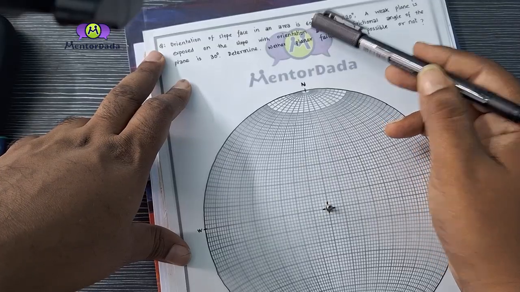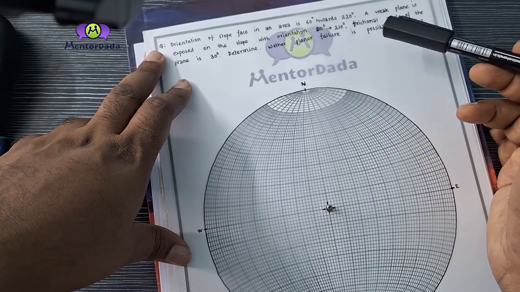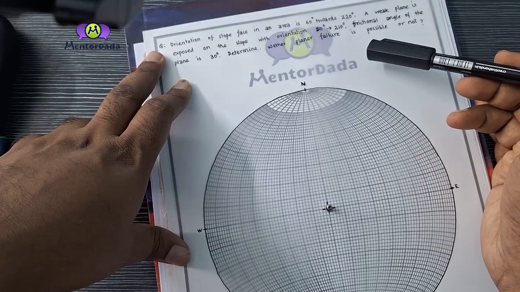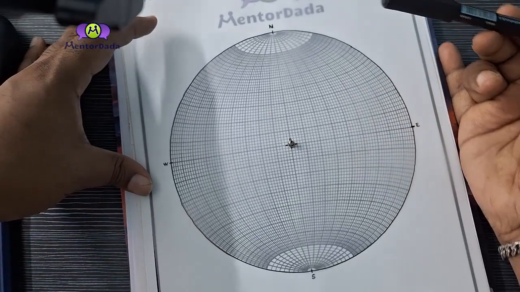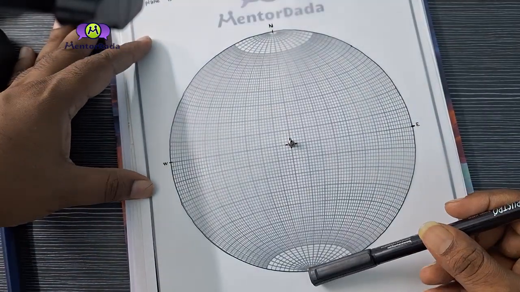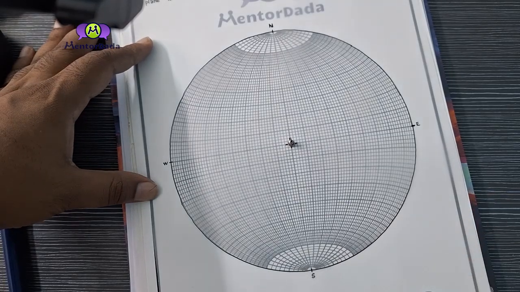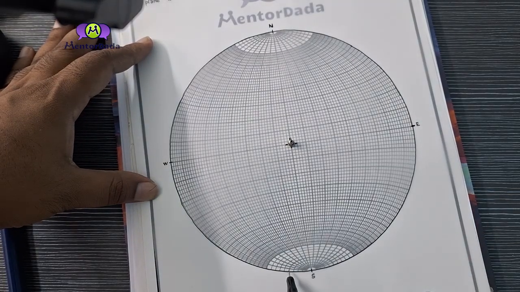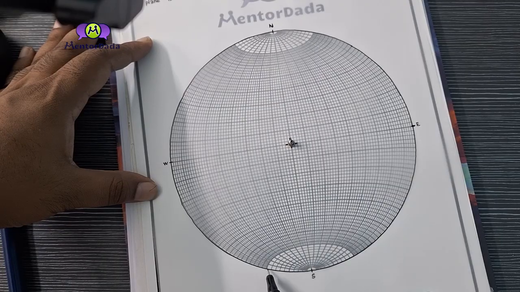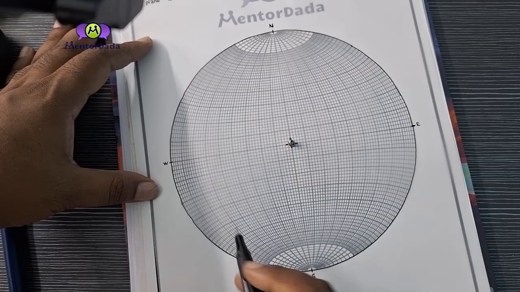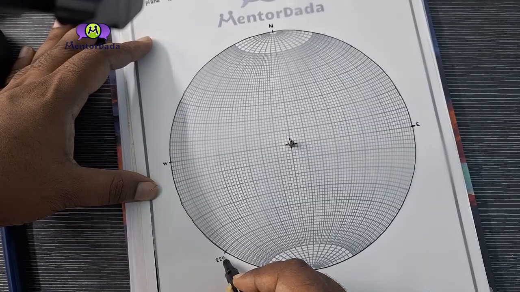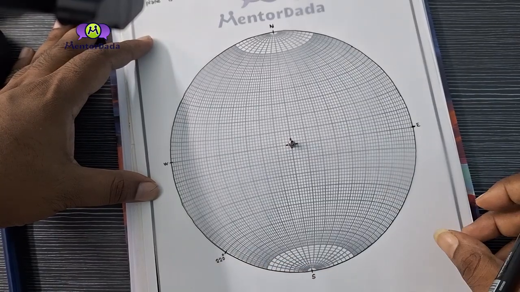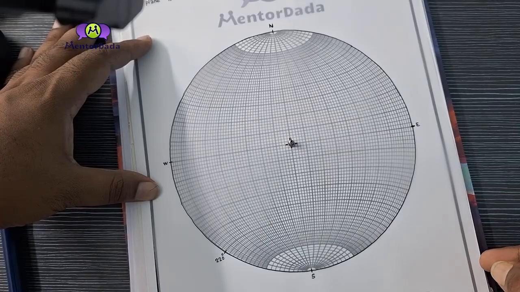The orientation of the slope face is 60 degree towards 220 degree. 220 degree is towards the south, so 180, then 190, 200, 210, 220. So this is 220 degree. Okay, clear?